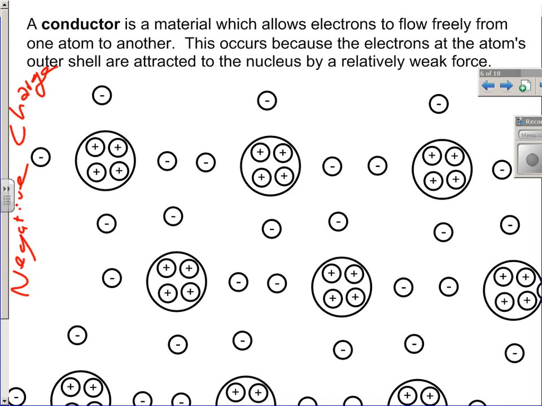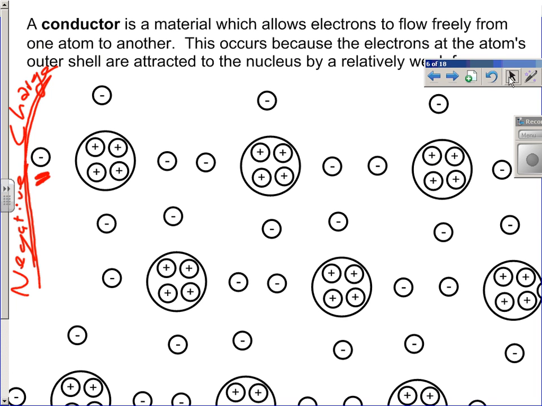Remember, like charges repel each other, right? So, for example, this electron right here, when it realizes how close it is to this negative charge, it's going to be repelled. And so what's going to happen is that electron is going to kind of float over to here. And basically what you get is these electrons flowing from one atom to the next.